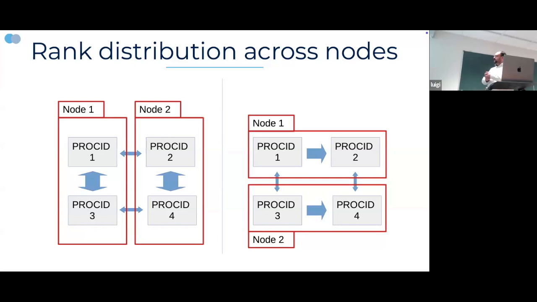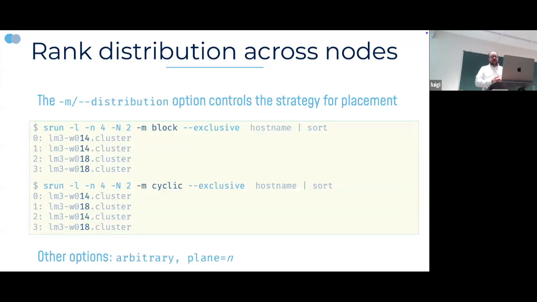Actually, you can organize this within Slurm with the --distribution option. The short version is -m. It's a complicated option, so I will go step by step. Here are two examples with two different values for distribution: block here, cyclic here.